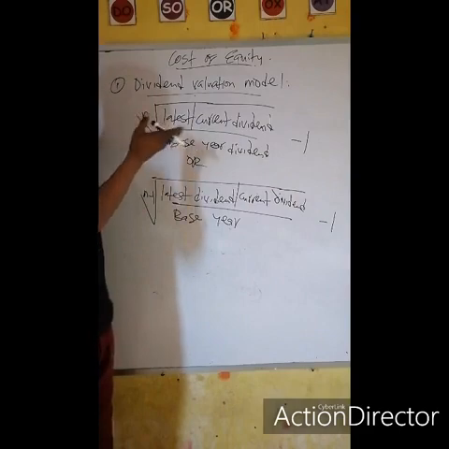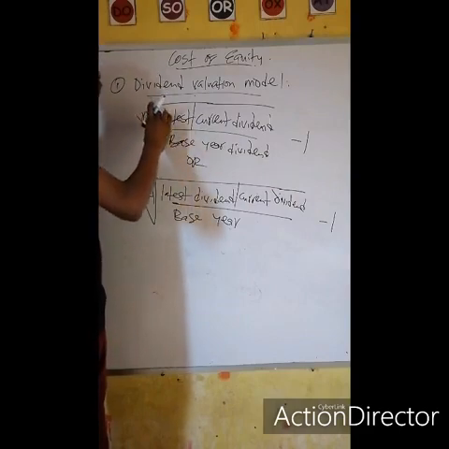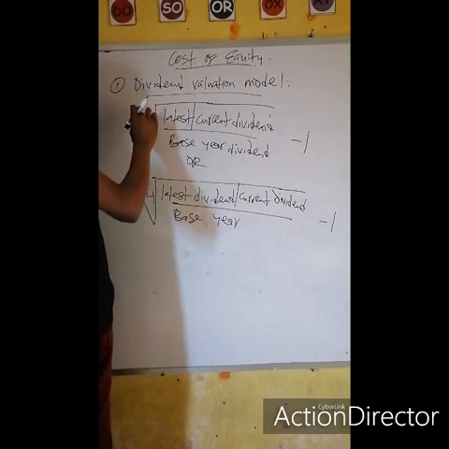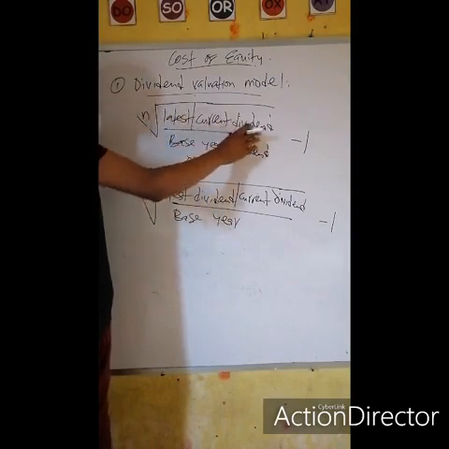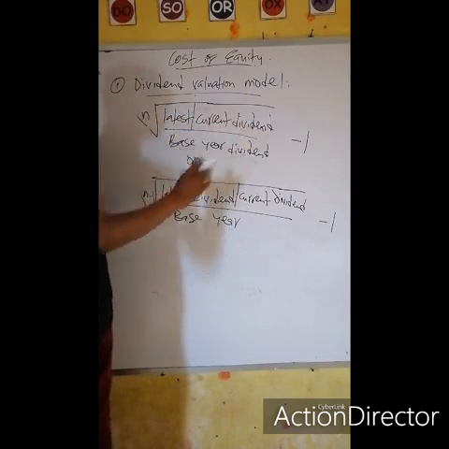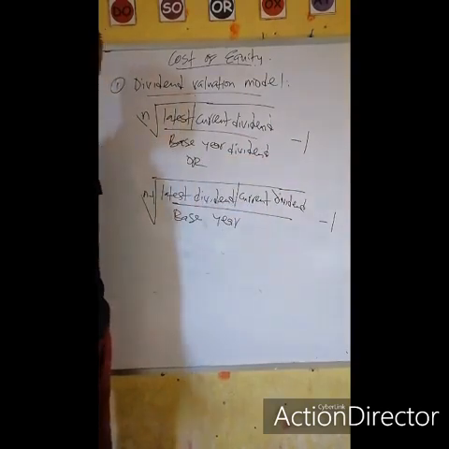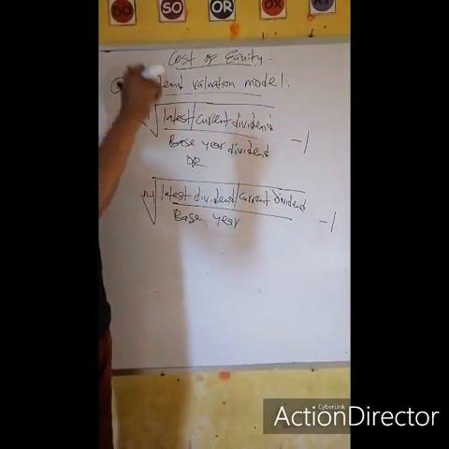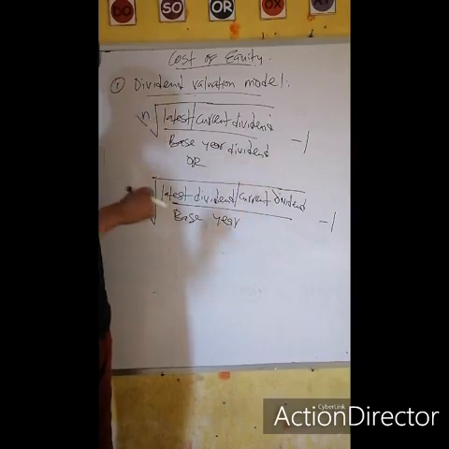We are going to use the n-root formula: the nth root of latest or current dividend over base year dividend, minus 1, if the year in which the last dividend was paid is given to us.